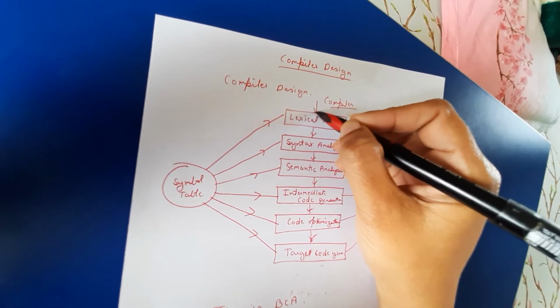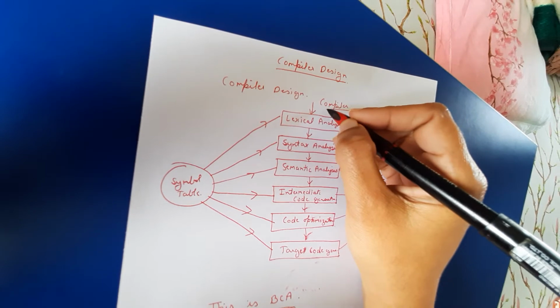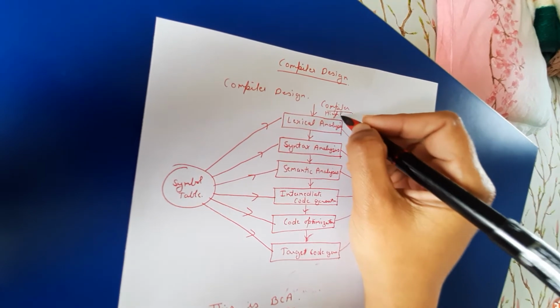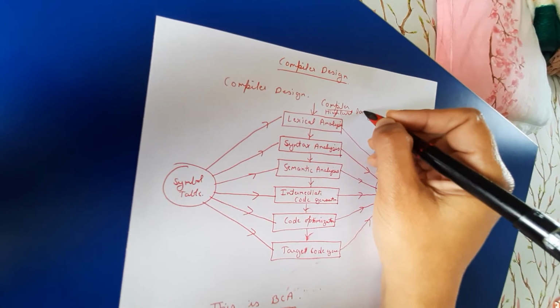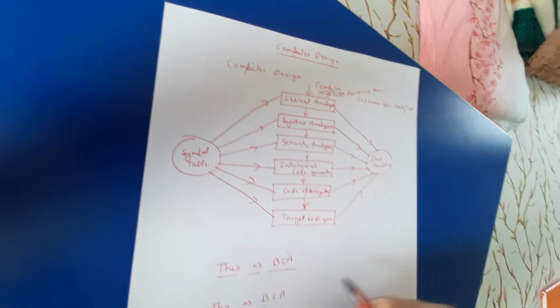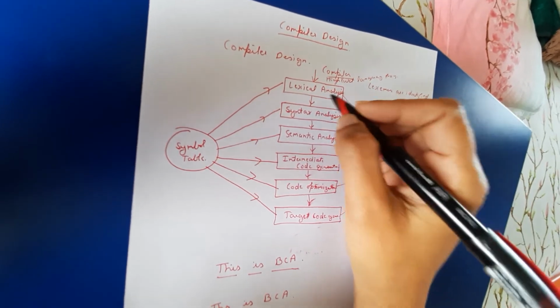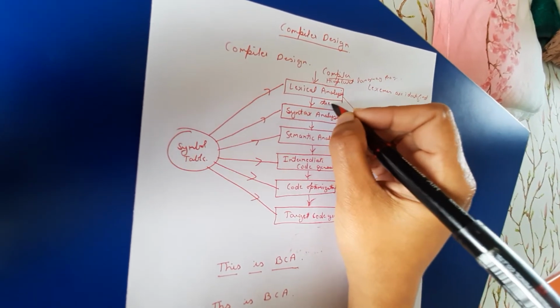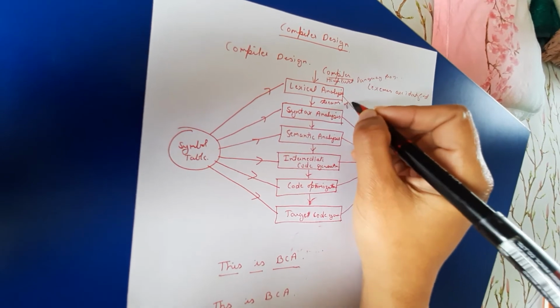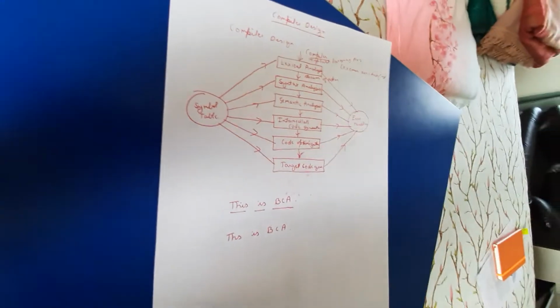The input to the lexical analyzer is the high level language program, and the output of this lexical analysis phase is a stream of tokens. Now, what are tokens basically?